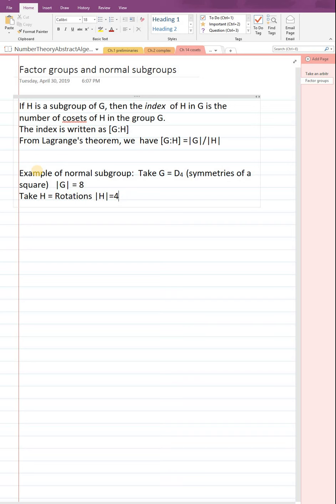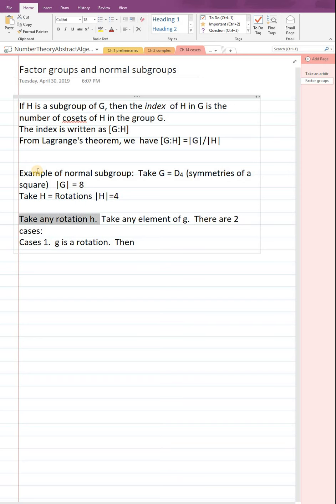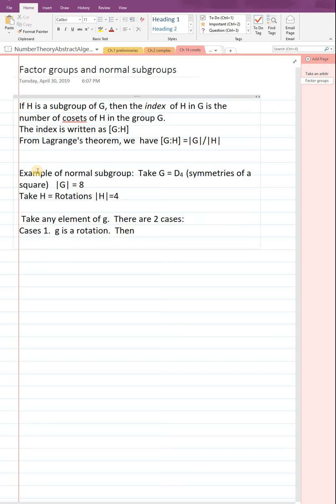Okay, and then let's think about this. Suppose I take any rotation H, and then take any element G, so there are 2 cases. Case 1: G is a rotation.